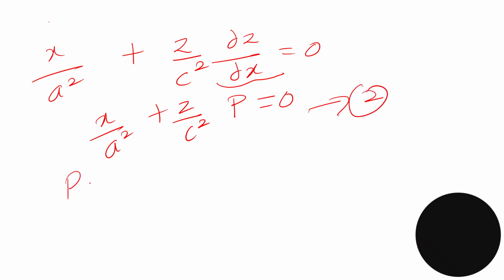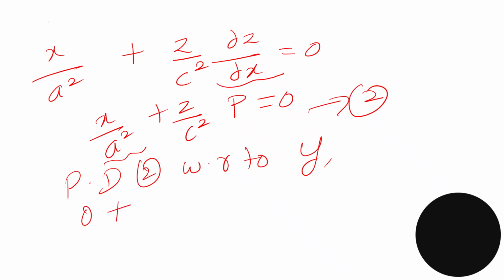Now partially differentiate equation 2 with respect to y. The first term does not have y, so directly 0. In the second term, z is a function of x and y, and p means ∂z/∂x. So here we have z and p, with 1/c² considered as a constant.